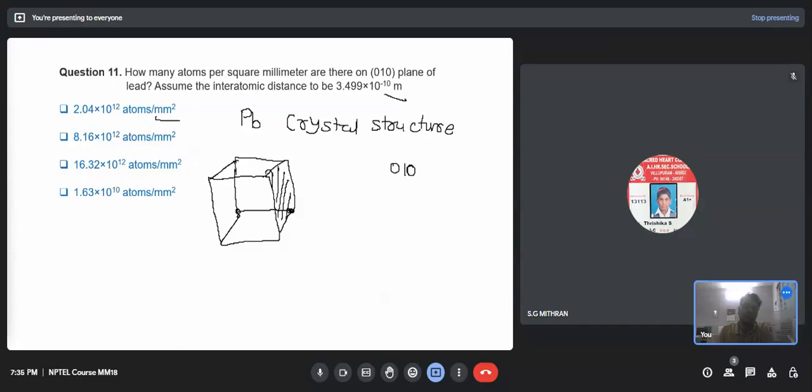Here how many atoms are there? 4 atoms. Now they asked how many atoms per square millimeter are there on the 0, 1, 0 plane of lead. Assume the interatomic distance is this much. Interatomic distance in the sense this value, the a value.